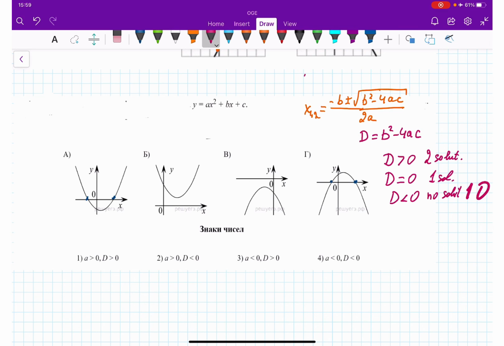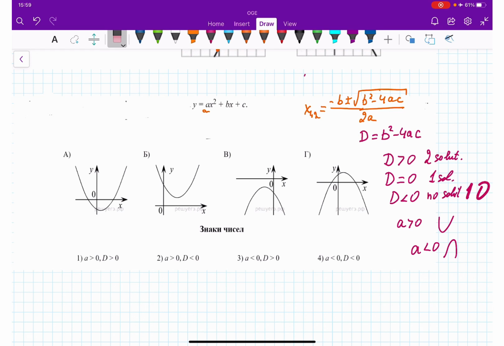And about a, we know when a is greater than 0, graph is going up. When a is less than 0, graph is going down. So this is leading coefficient a, it tells us if graph is going up or going down. Okay? So let's analyze and figure it out.